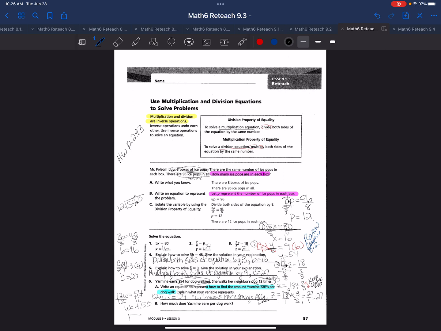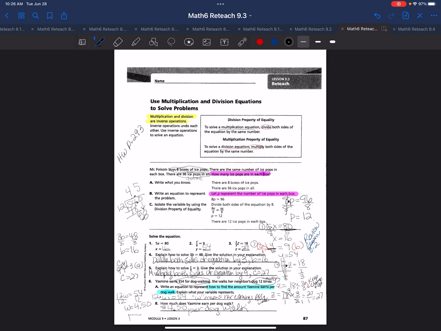So 12 times what is 54? Well, close is 4, 4 times 12 is 48. Then I need to subtract. And then I need to bring down my 0, and I get 60. And then 5 times 12 is 60. So that's where I'm getting the $4.50. So how much does she earn? She earns $4.50 per dog walk.